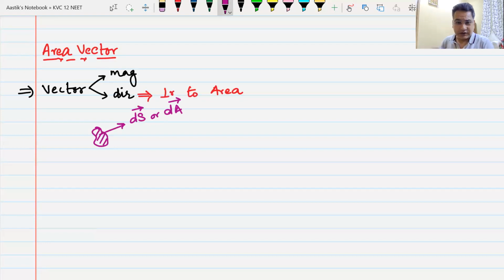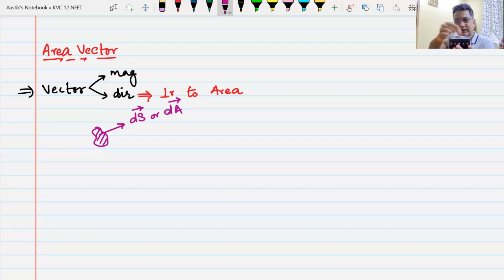When I say perpendicular, if I talk about this surface, this is also an area. You can find out the area of this square, so that is the magnitude. To find out the direction of area vector, you just take a direction which is perpendicular to this.